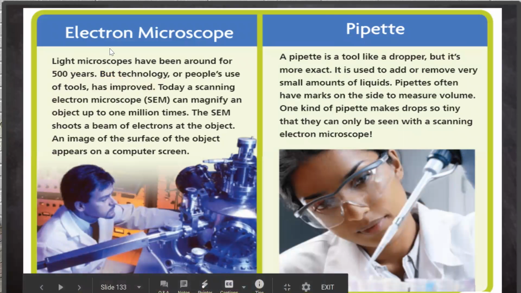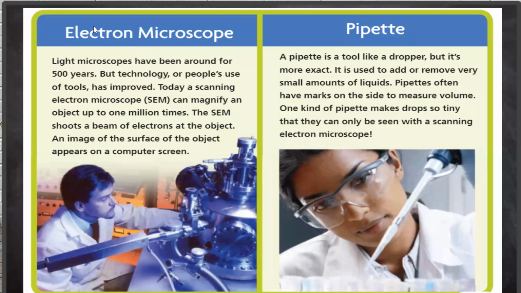Okay. Now let's see the other tool. We have the electron microscope. Now I want you to try. Can you tell me why we call it electron microscope? Can you just think a little bit?